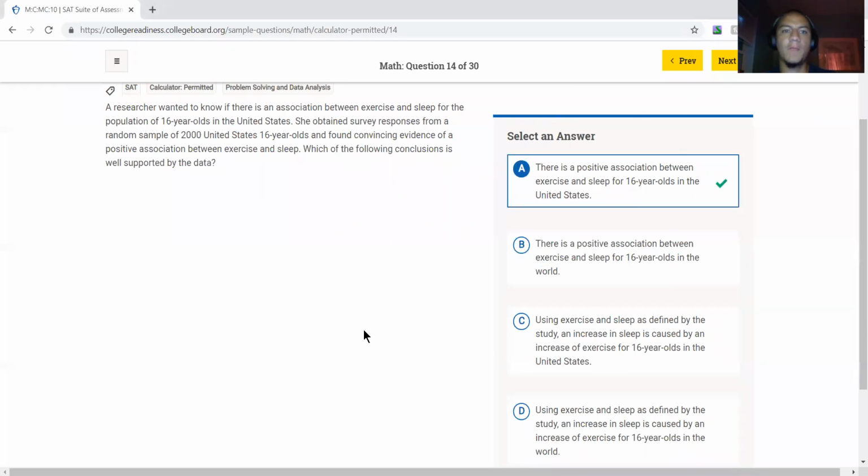And that's it for the data analysis questions. Just remember basically about averages, that the group sizes might not be the same when you're combining averages. So that'll change the average value.